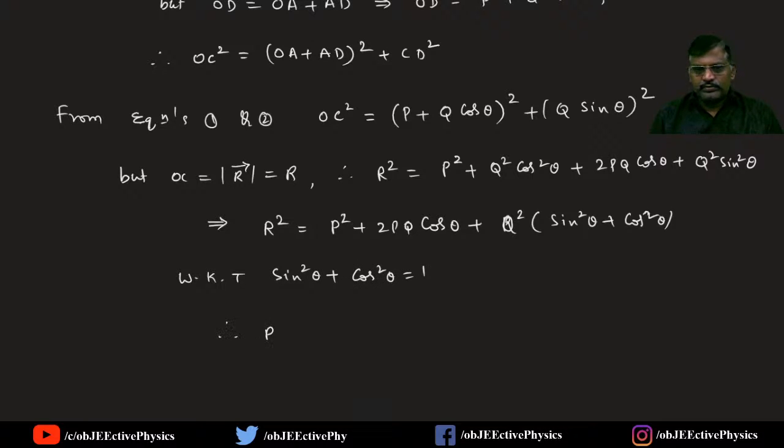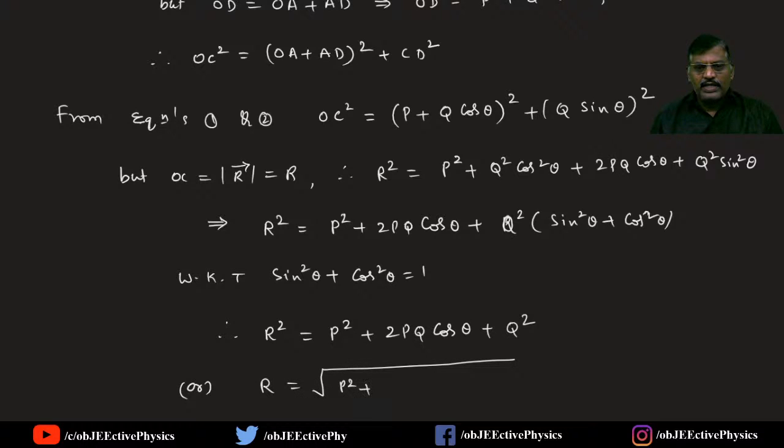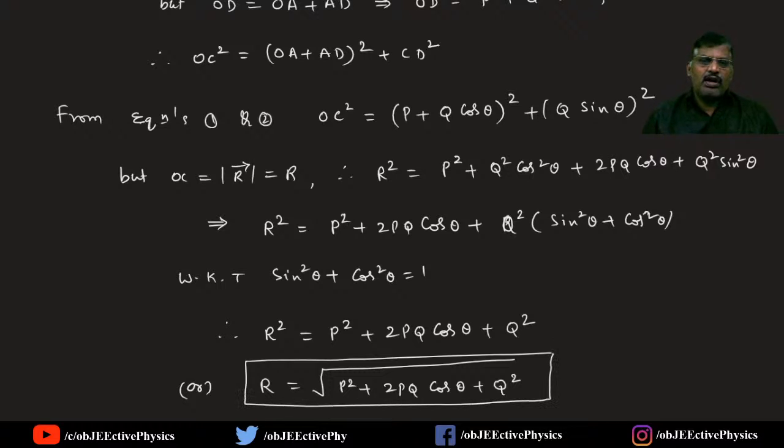So therefore R square is equal to P square plus 2PQ cos theta plus Q square. Or the magnitude of the resultant R can be written as the square root of P square plus 2PQ cos theta plus Q square. So this is the magnitude of the resultant of P bar and Q bar.